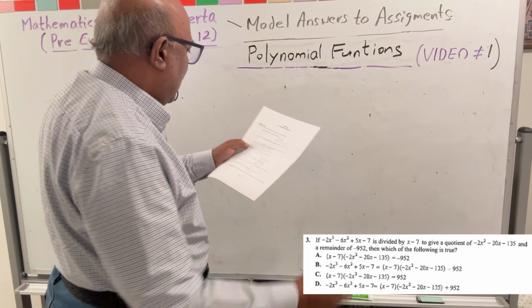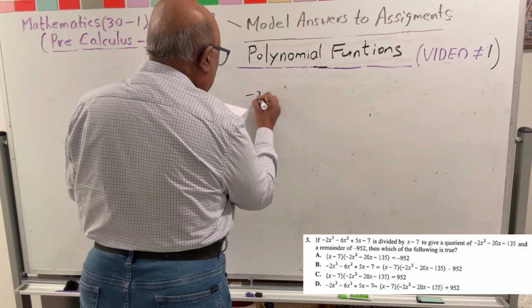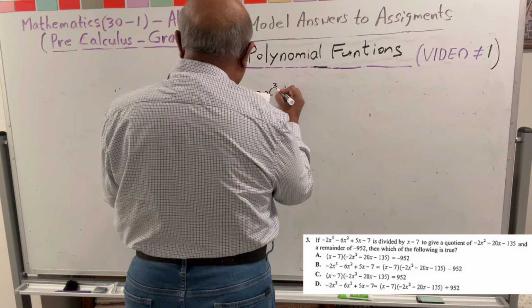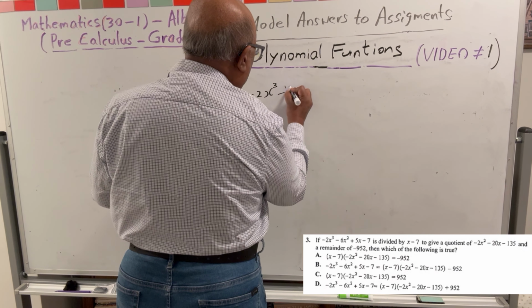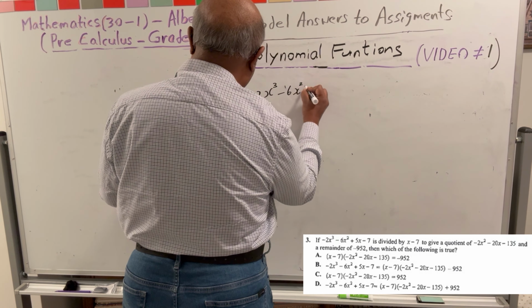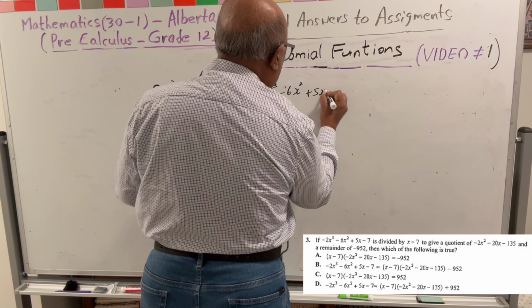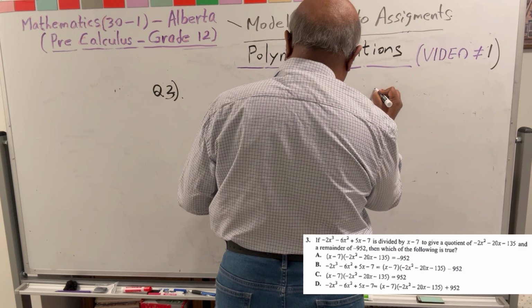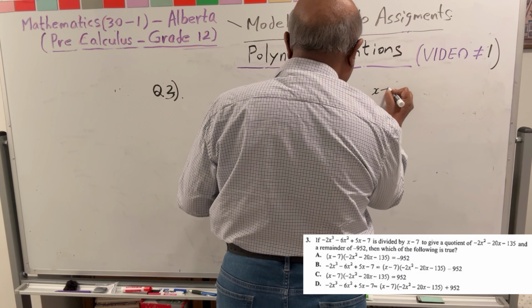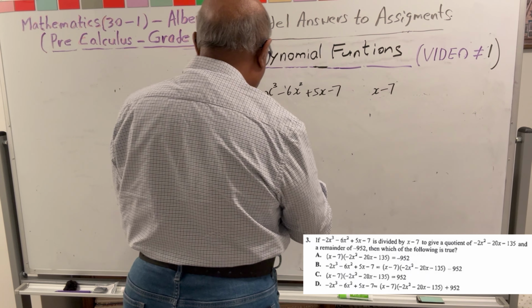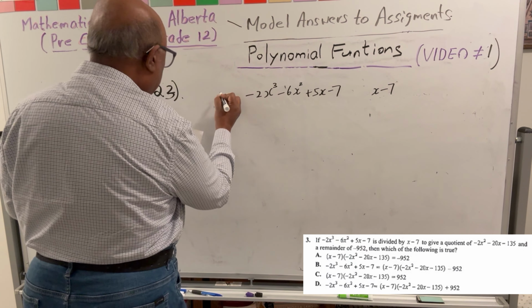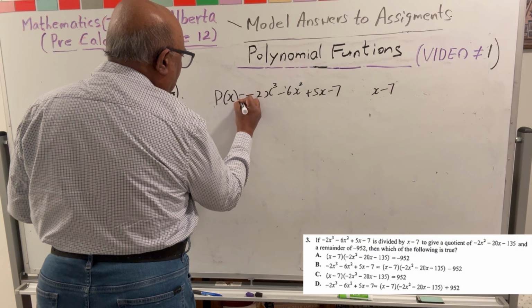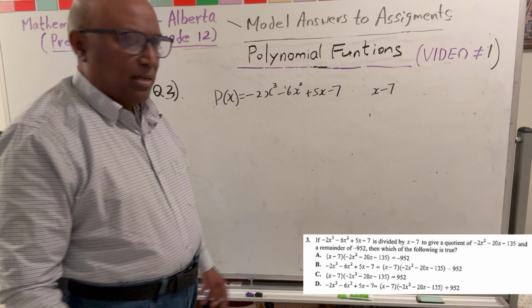They have provided just an expression only, no notation: minus 2x^3 minus 6x^2 plus 5x minus 7 is divided by x minus 7. Let's say this is a function P of x; we can rename this, since they have not given the symbol.